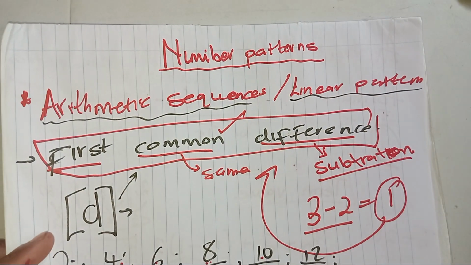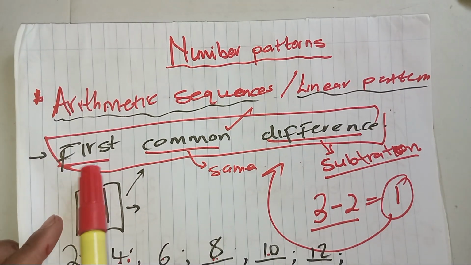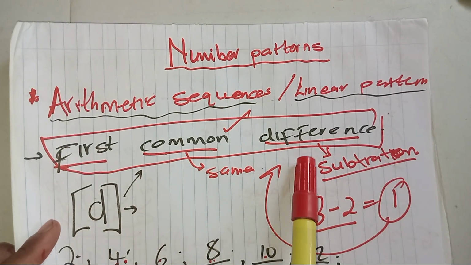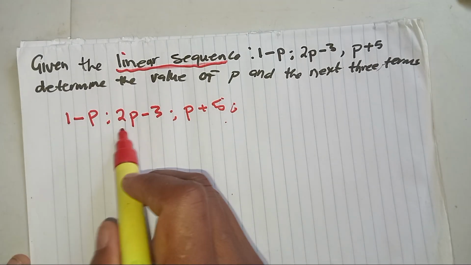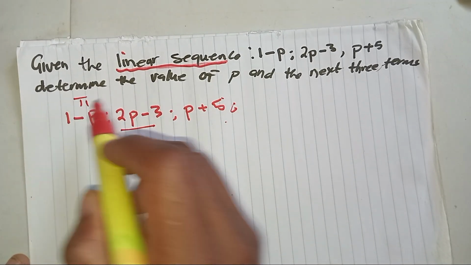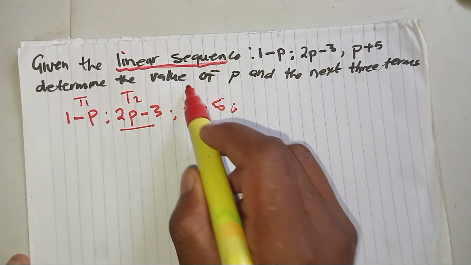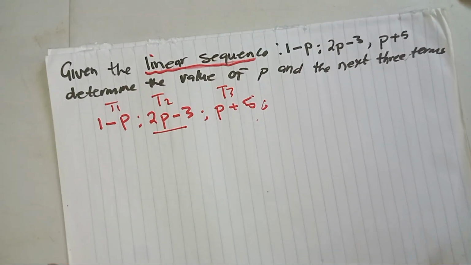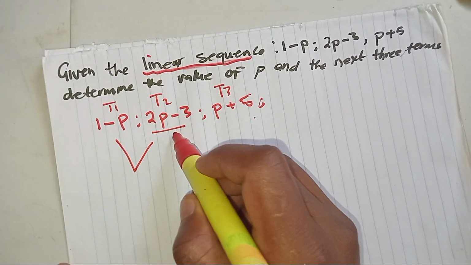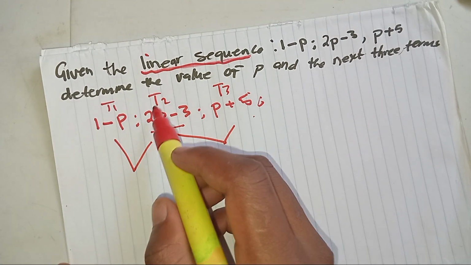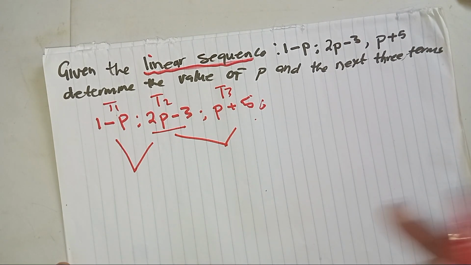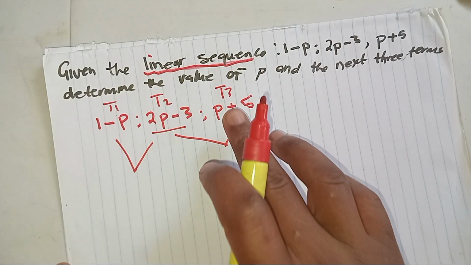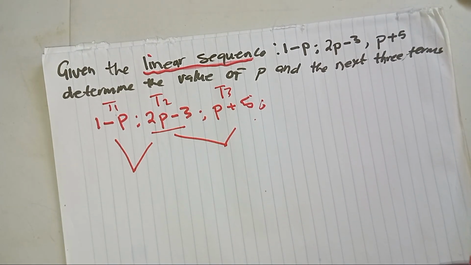Remember, guys, when we initiated, we said an arithmetic sequence has a common difference. So if this is term number 1, this is term number 2, this is term number 3, then the second term minus the first term is going to be the same as the third term minus the second term.